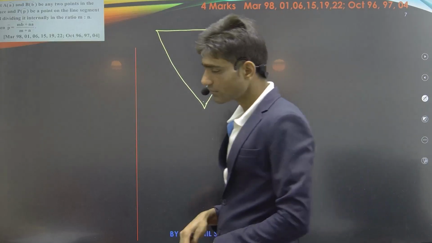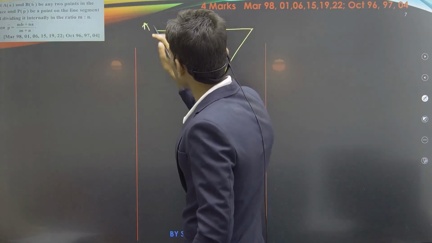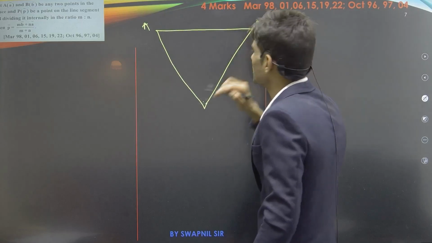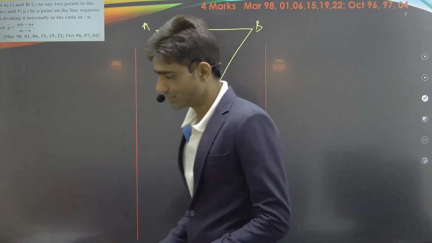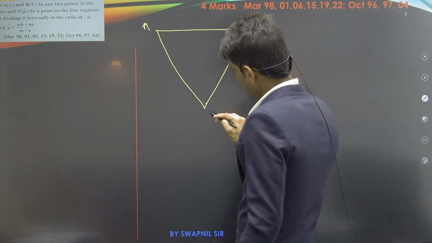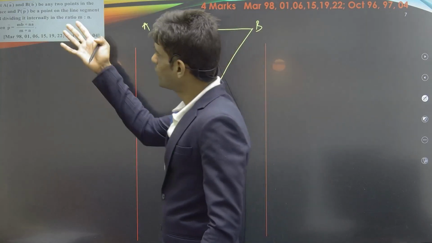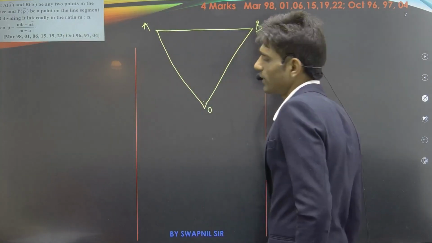Write down vertex A, and vertex B we have here. As we don't have the vertex C, I consider a vertex O here.